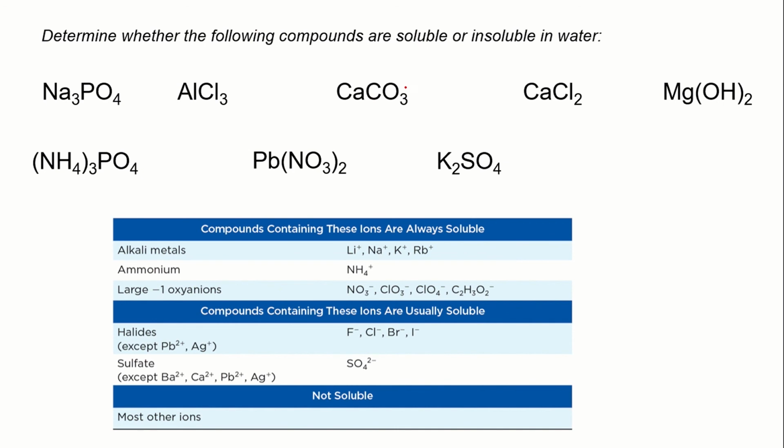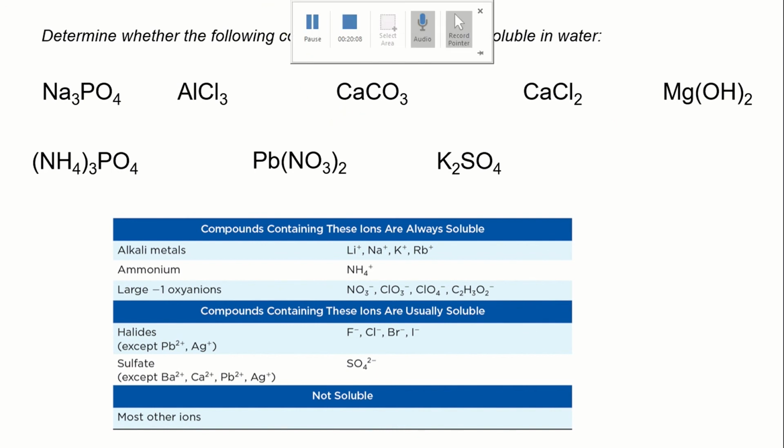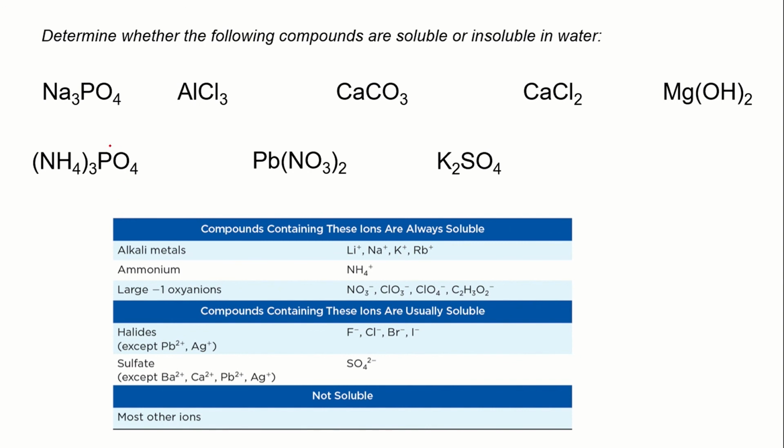Alright, let's put what we learned into practice. You can pause this video and try to predict the solubility of these given ionic compounds based on the guidelines you have learned. Alright, the first one, sodium phosphate, soluble or not?